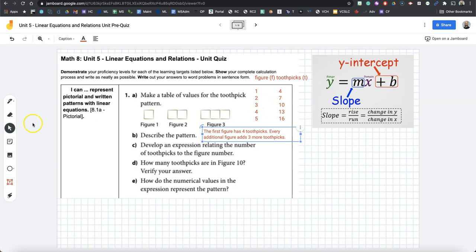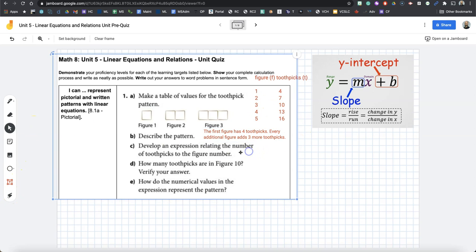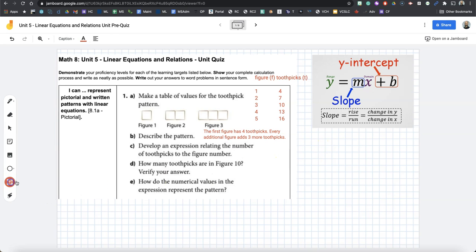That's as simple as it gets. So 3f plus 1 is my expression. No equal sign, so it's not an equation yet.